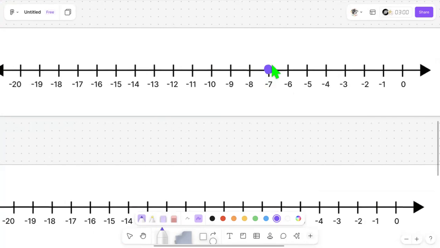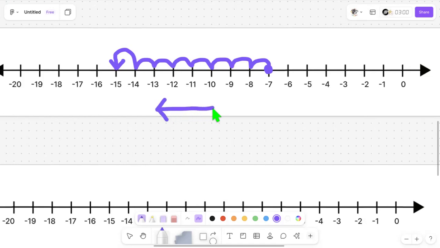So I'm going to start at -7 and move 1, 2, 3, 4, 5, 6, 7, 8 spaces. 8 spaces to the left because I'm talking about negative numbers.